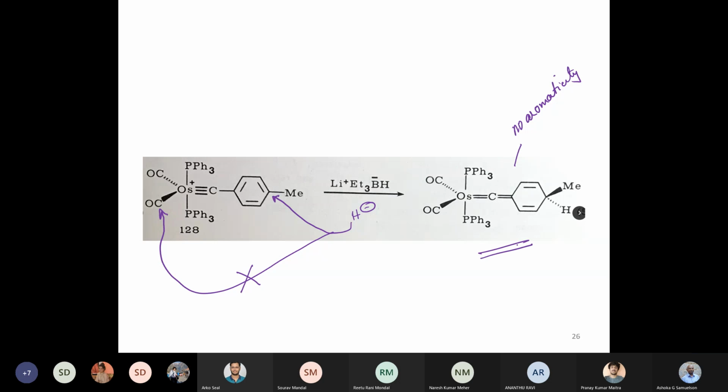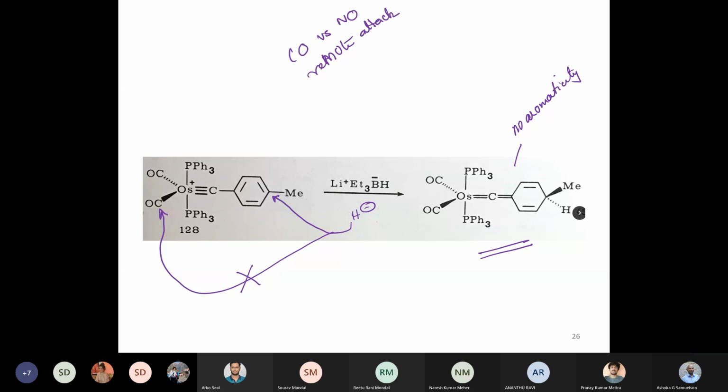So I just wanted to conclude by saying that there are many insertion reactions, and many neutral molecules undergo insertion reaction with 1 electron donors, but there can be complications like this: CO versus NO, remote attack versus proximal attack.